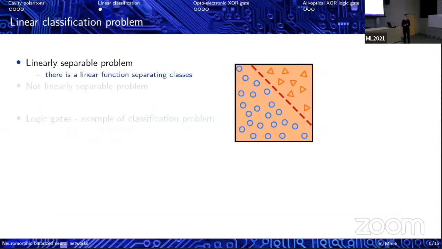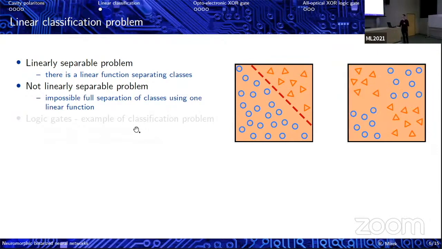So let's go to the problem that we want to solve today. We know from the lecture of Roman 2 days ago that there are linearly separable problems. If we have two classes and we can separate these classes with a linear function, this is a linearly separable problem. But there are also non-linearly separable problems, and they are not separable with a linear function.